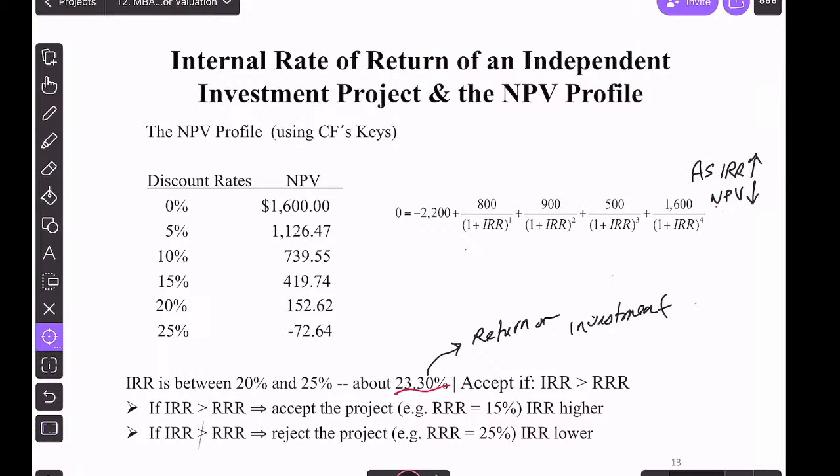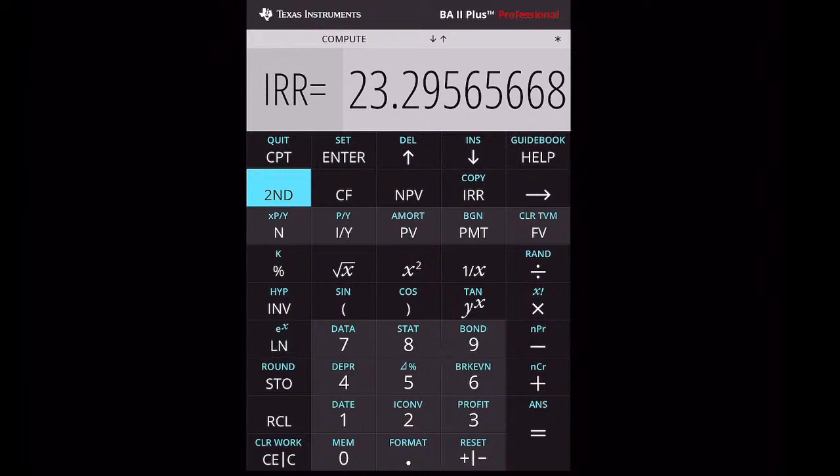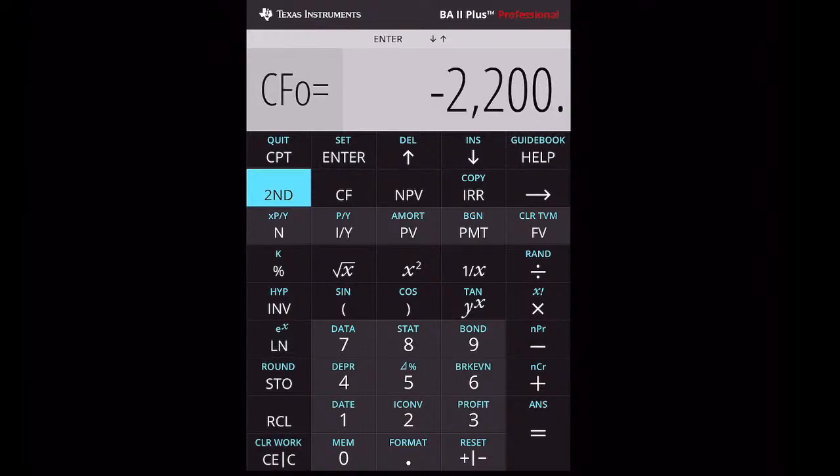So for instance, I have all these numbers in the calculator already. Let's see if I can generate these values. If I go back to the calculator and put 0 in the discount rate, the NPV should be 1600. So I go to CF, ask for NPV, put 0 as the interest, and you see 1600.